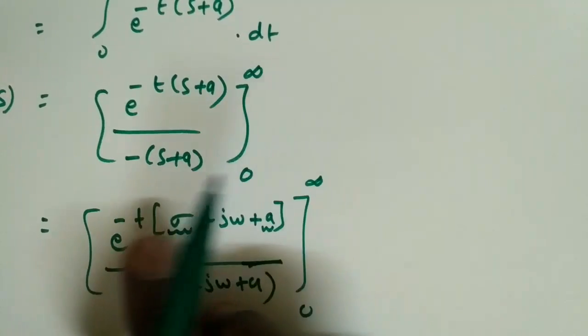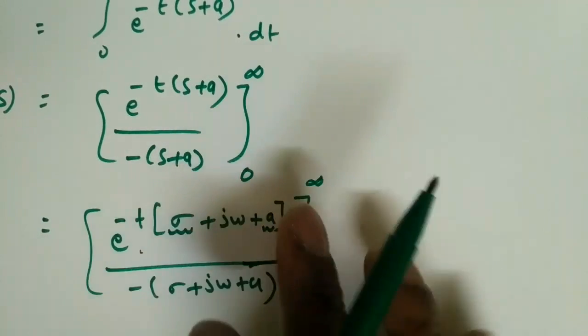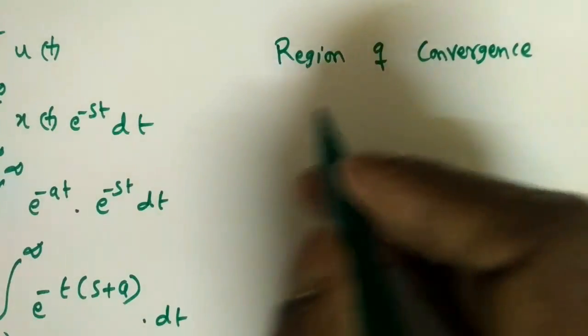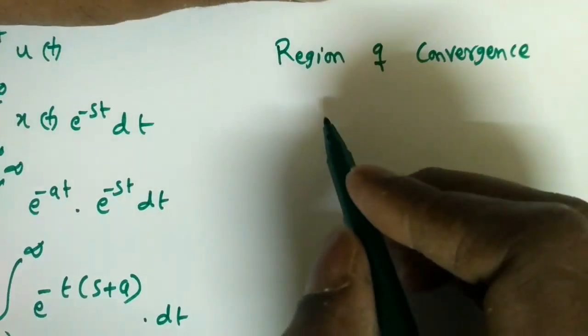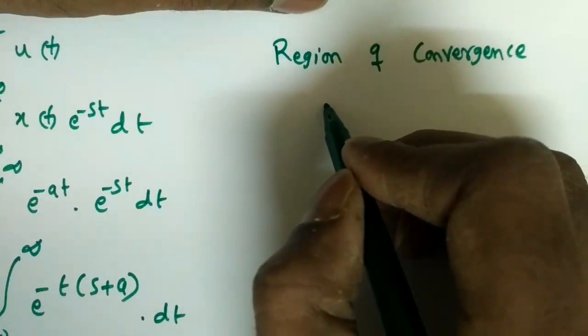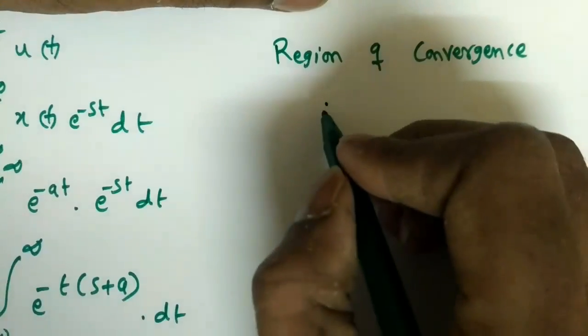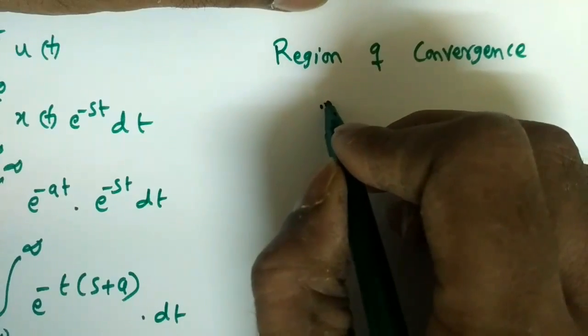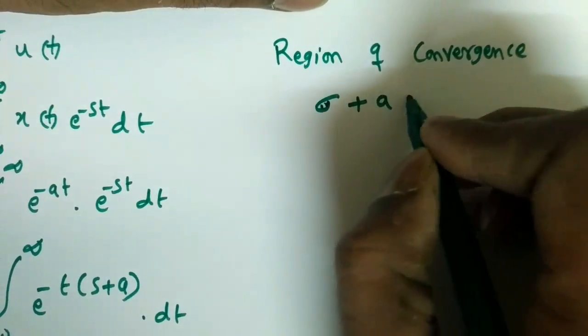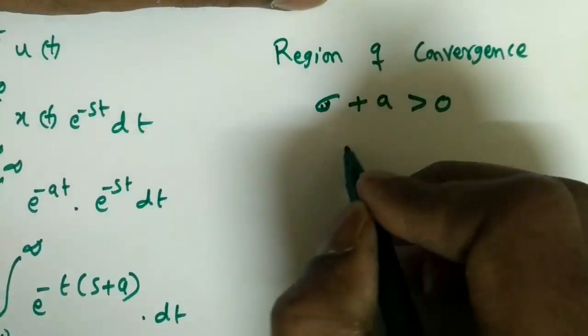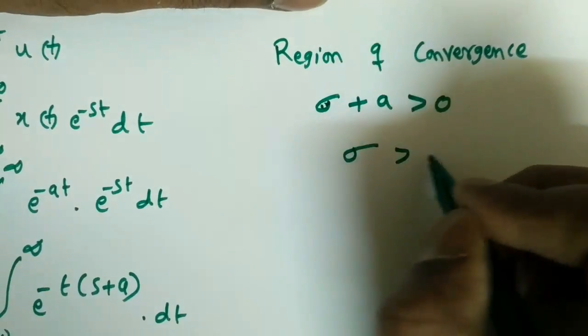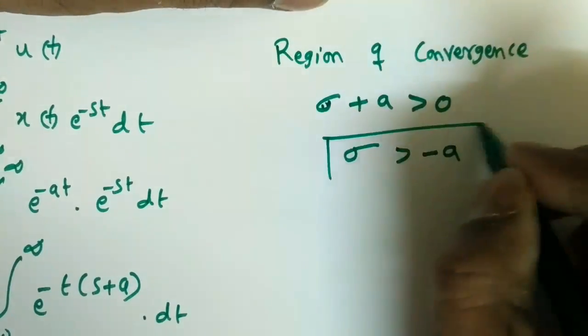Whenever it is less than 0, the minus will be positive, so e power infinity will come, which diverges, right? That is the region of convergence where the integration converges. So we can say sigma plus a should be greater than 0, or sigma should be greater than minus a.